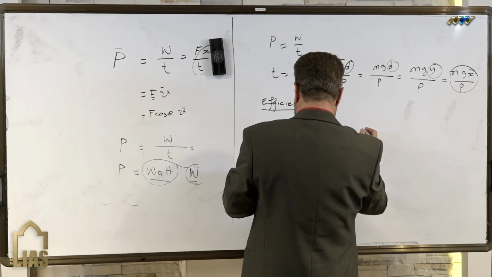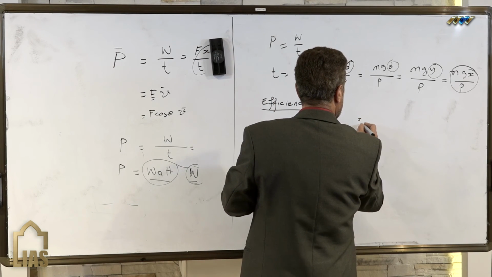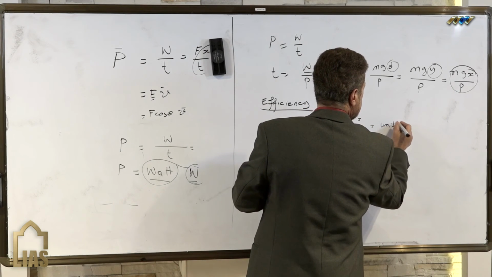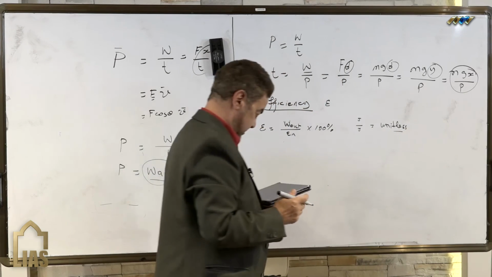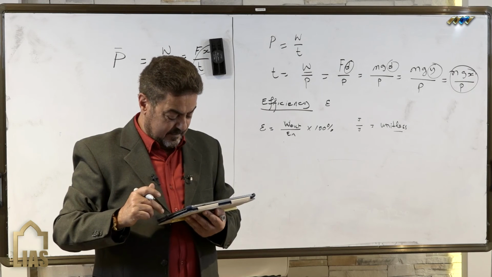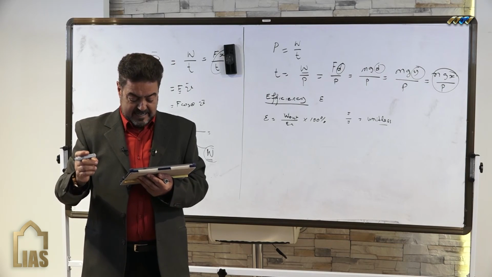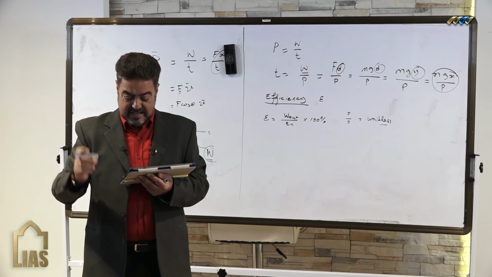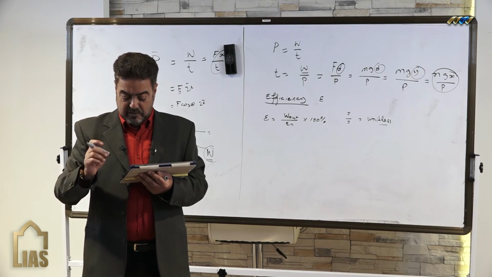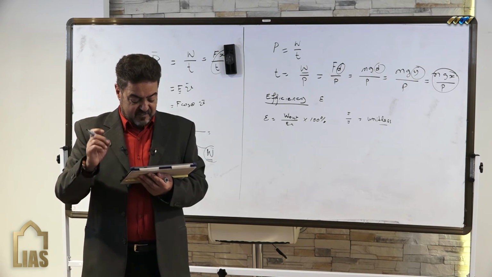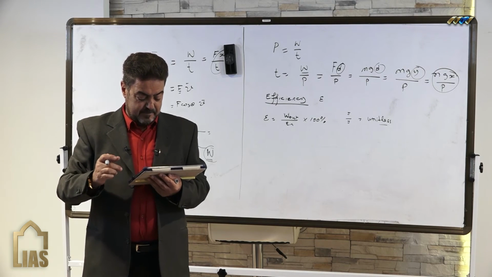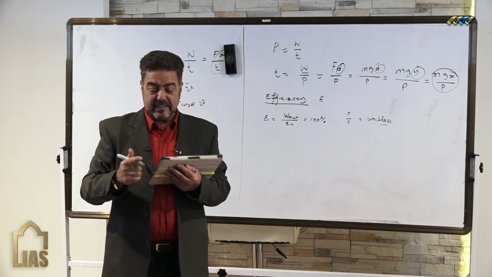It's joule over joule, which is unitless. For example, if a machine has 100 joule energy input and a 40 joule work output, then the efficiency of this machine is work out over energy in.